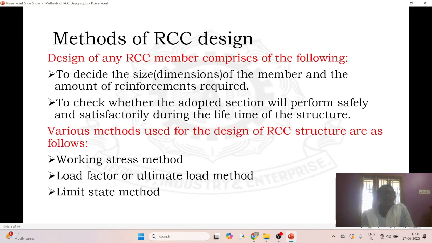The next topic is methods of RCC design. Design of any RCC member comprises the following.